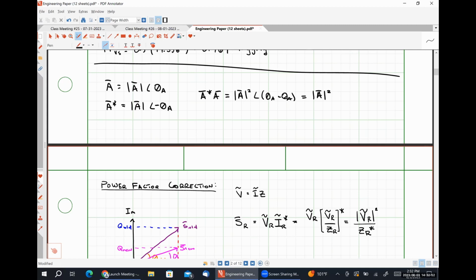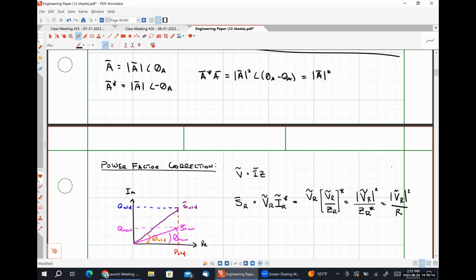And because the impedance of a resistor is purely real, this is the same thing as just the magnitude of the voltage drop across my resistor squared, sorry, that square should be outside the absolute value sign, divided by my resistance. What can we say about this particular complex power, the complex power absorbed by a resistor?